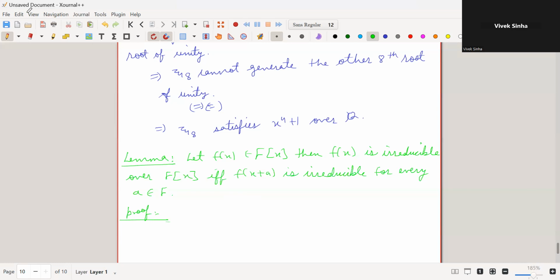A very simple proof. So let f(x) be reducible, then f(x) is equal to some g(x) times h(x), right?